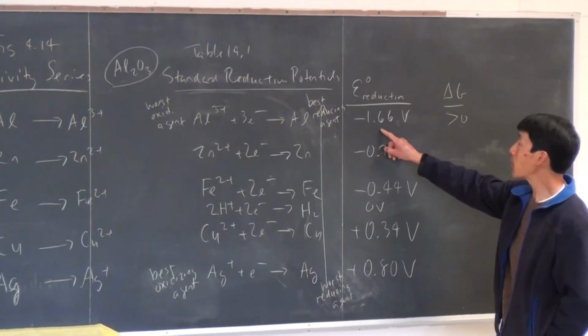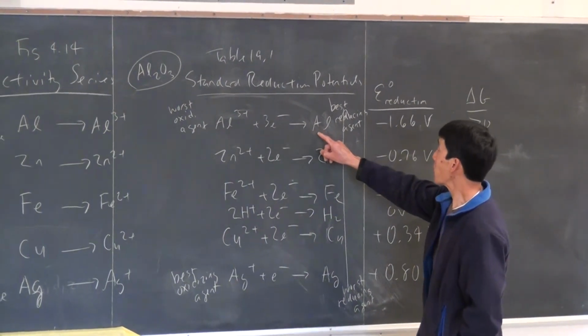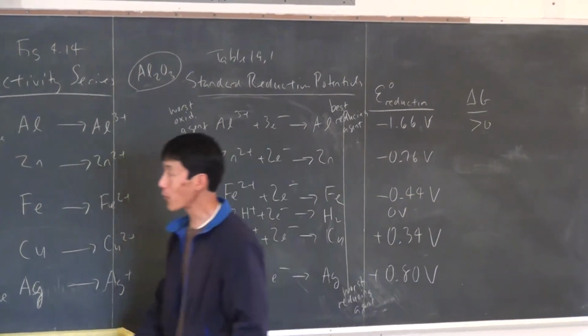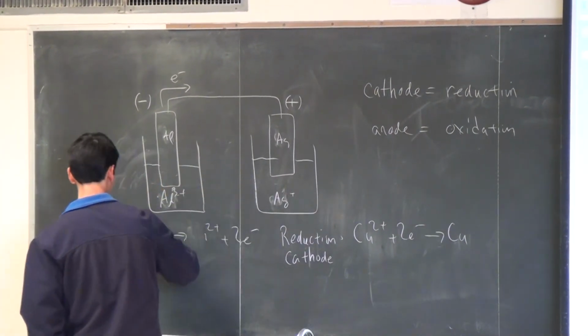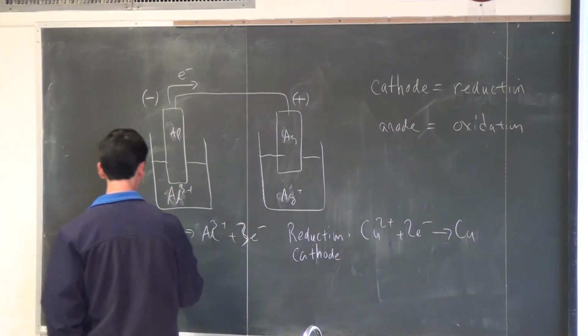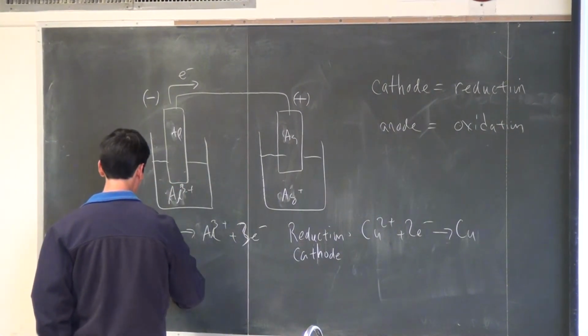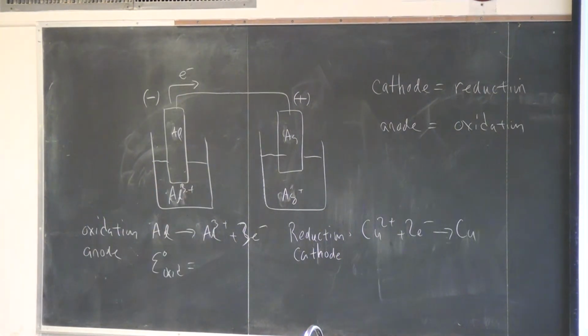Okay, so let's see, if we take aluminum going to aluminum 3+ plus 3 electrons, this is going to be our oxidation reaction. So E oxidation, I'm using method 2 here, is going to equal 1.66 volts.